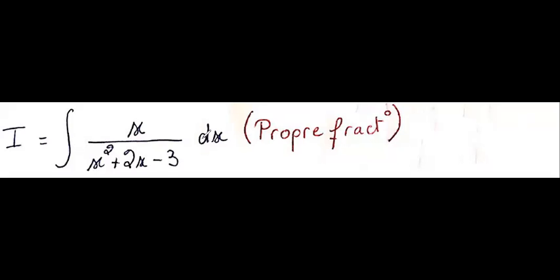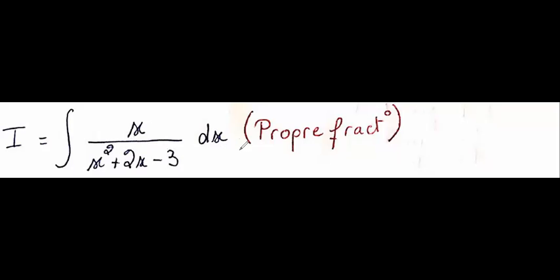First of all, what you do is you check if the numerator is the derivative of the denominator or a constant multiple of the derivative of the denominator. Why?